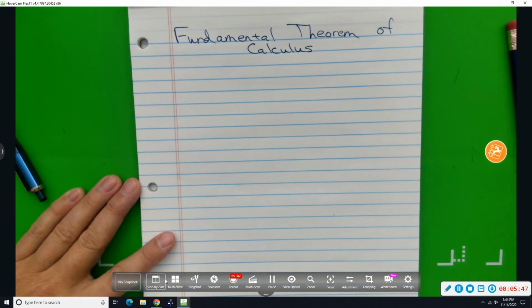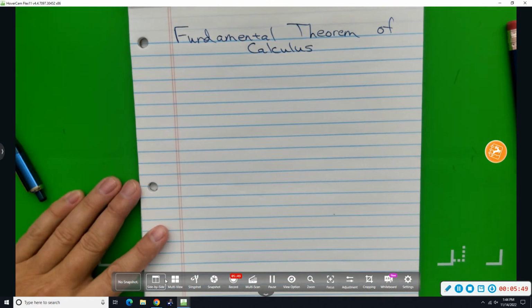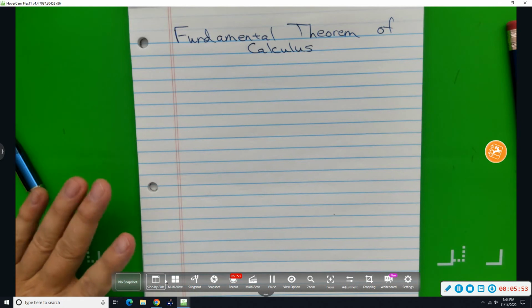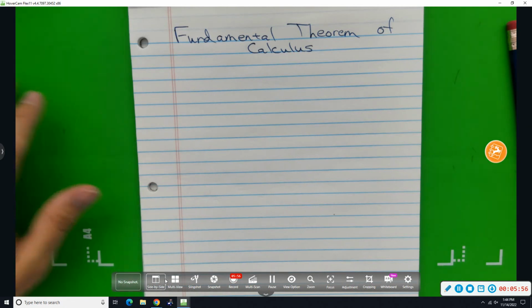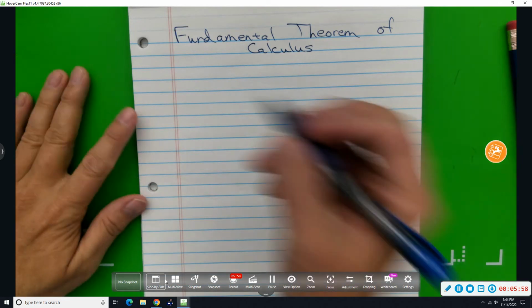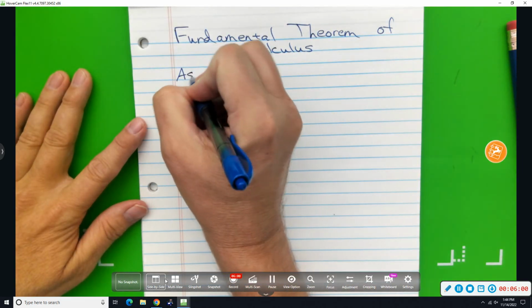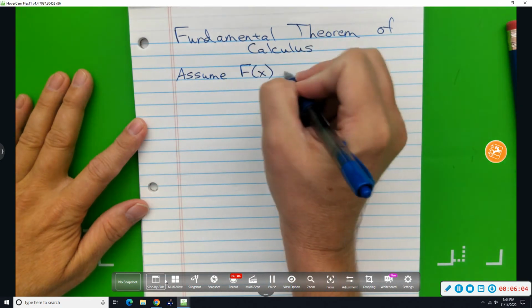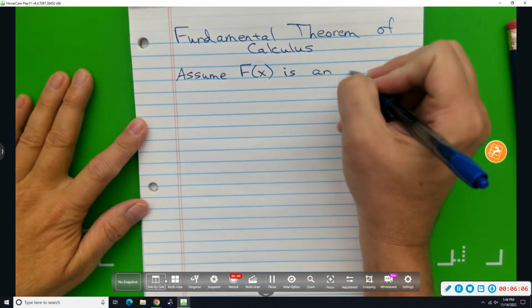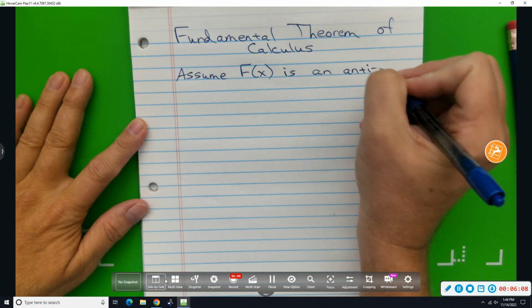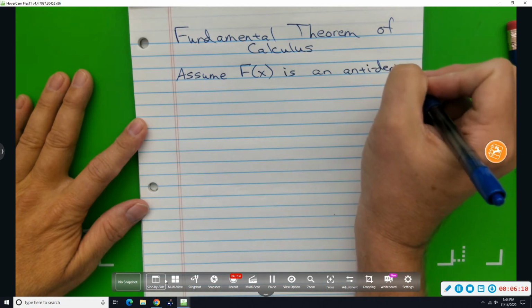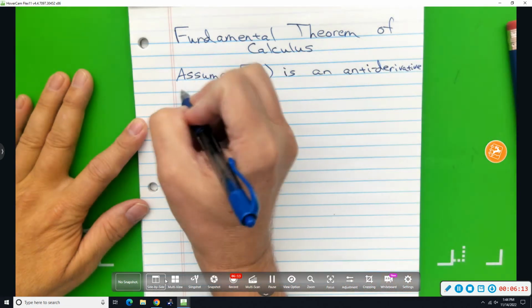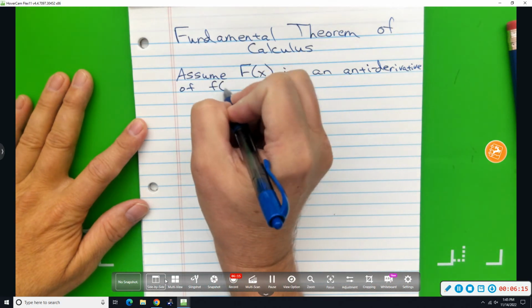The Fundamental Theorem of Calculus says that let's assume that you have an antiderivative for some generic function f of x. I'm going to say, let's assume capital F of x is an antiderivative of little f of x.